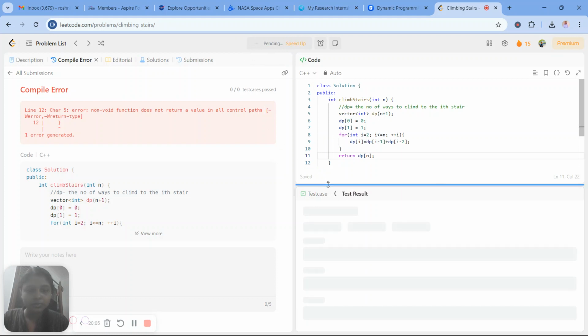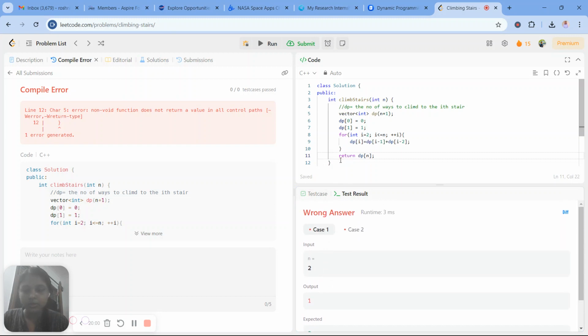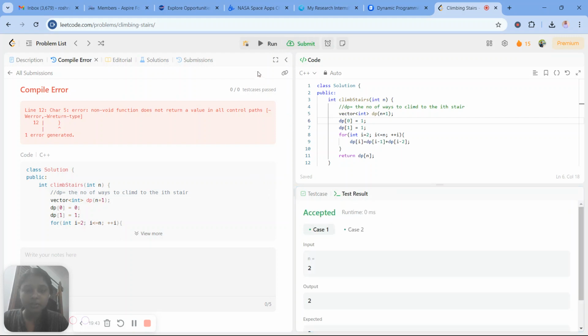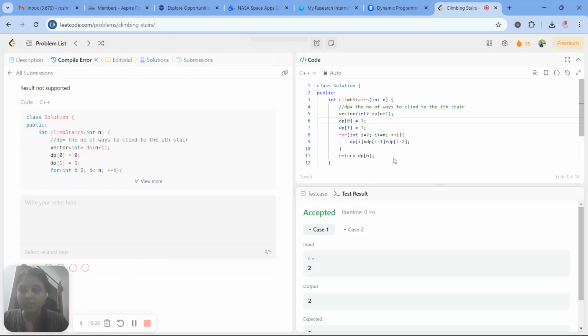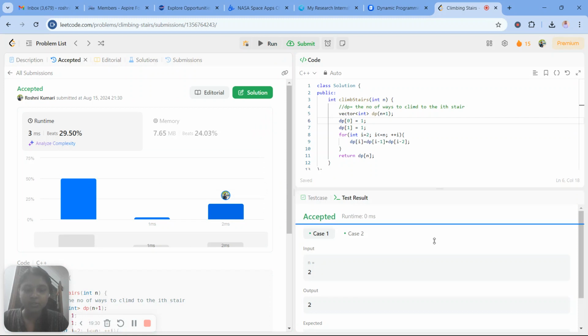Okay guys, we have to take care here, because it was starting from the ith index. Okay, let's run. So here you can see all the test cases are running. Let's submit. And yeah, you can see we are done with this question.